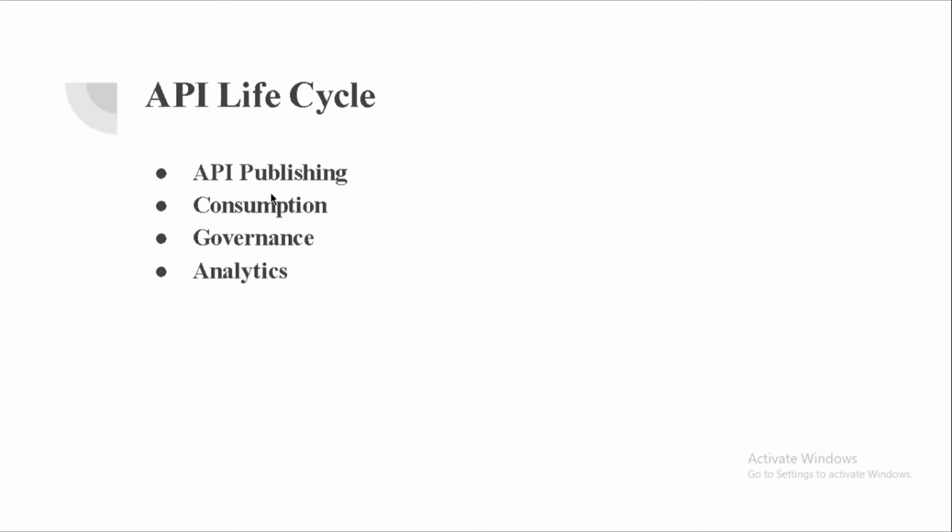Based on the different stages of integration testing, you can integrate different instances of Apigee. API publishing you have to do as an Apigee developer. Then consumption: when your API is published in Apigee, you can look into consumption. When you have your API deployed in Apigee, you can consume it there.